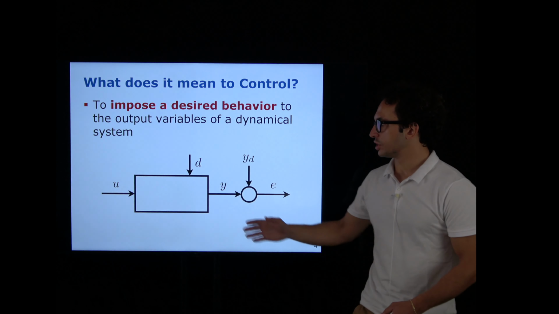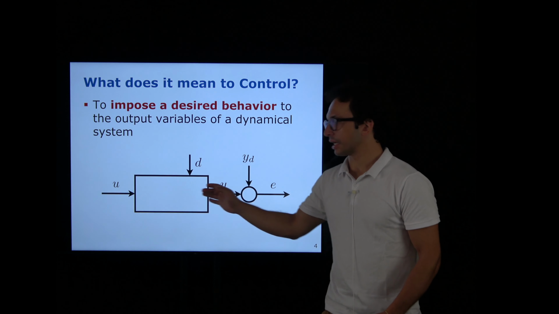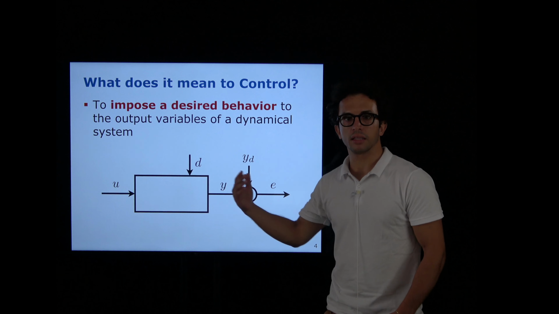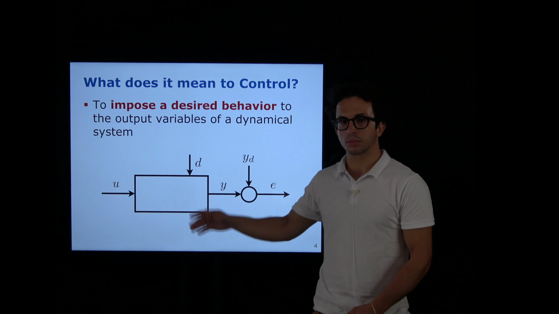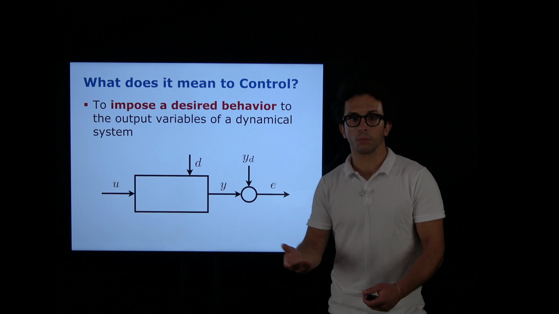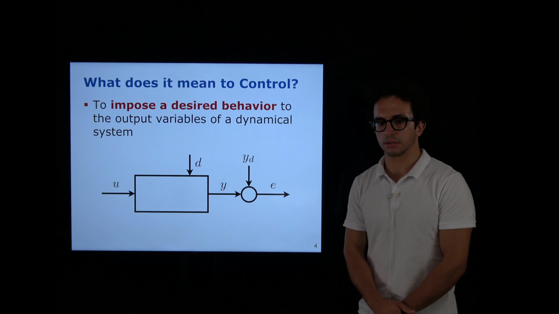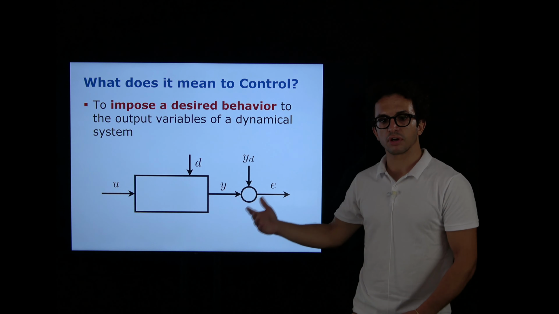So we have a system which is similar to what we saw last time, right? We have a block with input and output, so the independent and dependent variables, the cause and effects that we defined, and we have a disturbance that acts on a system and might alter the normal behavior, the standard behavior of the system. And in this case here, we have something else, which is a reference.